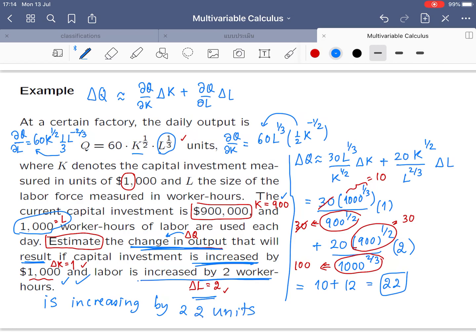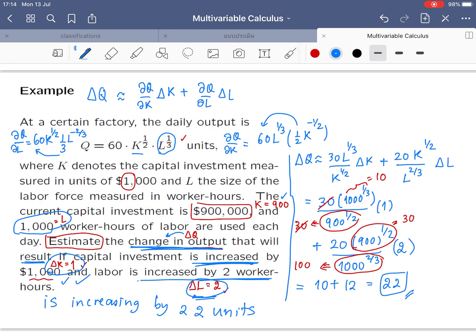Again, this is for you to have the information to decide whether you want to increase the capital by this much or not, or you want to increase your worker hours by this much or not. If you do it by this increment of worker and this increment of capital, then this is the amount that the daily output will increase.